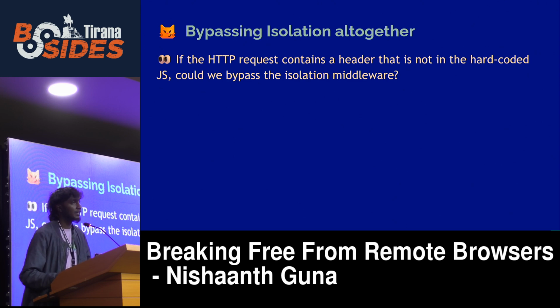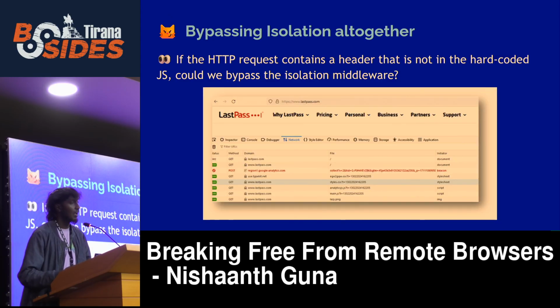Could it be that only these user agents are sent through RBI? And it was the case, actually. If we send a request with a user agent that's not part of the service worker JavaScript in the RBI website, that specific request goes directly to the web server instead of going through the RBI isolation proxy.